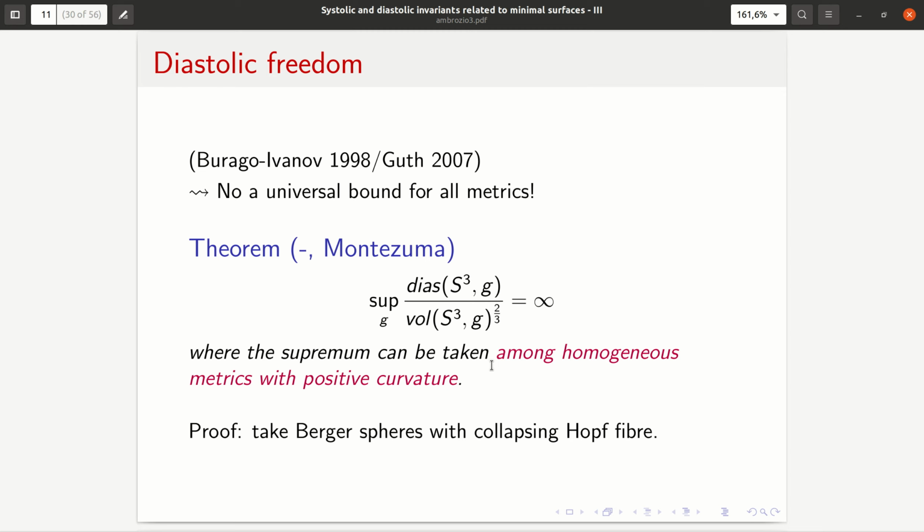And as you can imagine from watching video number 2, it was by knowing that diastoles of homogeneous metrics are realized as the area of minimal two-spheres inside S3 that we could do the computation and check this result.